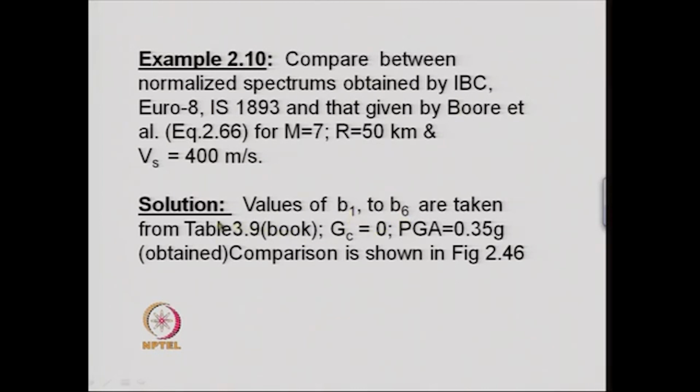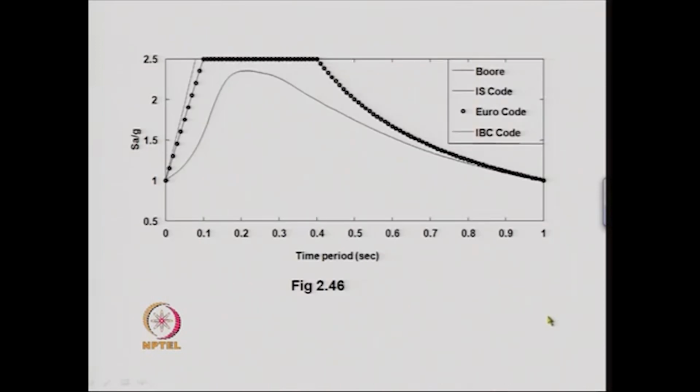These constants were taken from table 3.9 given in the book. GC is equal to 0 and PGA was taken as 0.35 G, that is, the spectrums were normalized with respect to 0.35 G. And this is the comparison which we see.